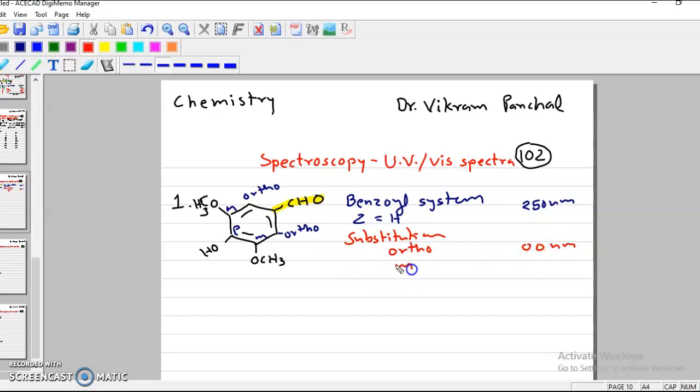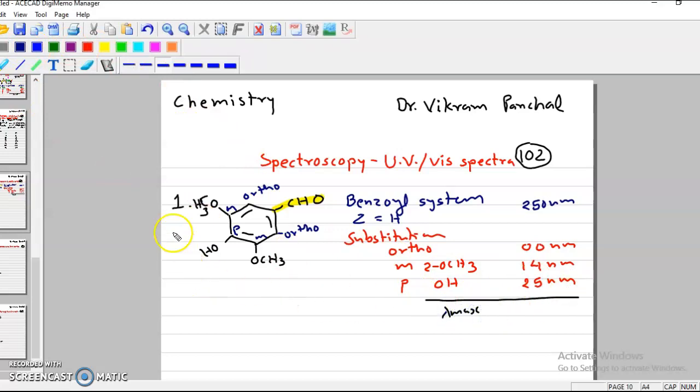At meta we have OCH3, 2 times OCH3. If OCH3 is present at meta, that means an OR group, then we will add 7. For 2 groups we will add 14 nanometers. And for para, an OH group is present. When an OH group is present at para, we will add 25 nanometer. And then make a total of this, and you can find out lambda maxima.